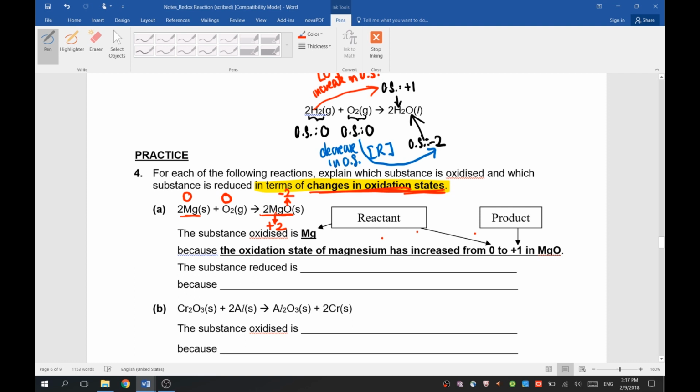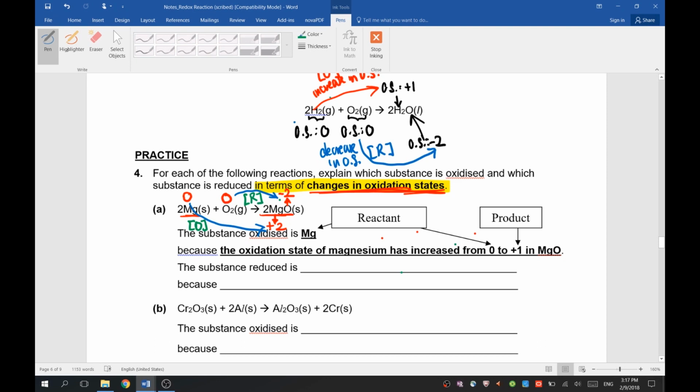Looking at this, the oxidation state for magnesium went from 0 to +2, and the one for oxygen went from 0 to -2. This clearly tells you whether oxidation or reduction happens. Like we mentioned just now, oxidation is when you increase the oxidation state, so this is your oxidation. Reduction is when you decrease the oxidation state, going from 0 to -2 in this case.